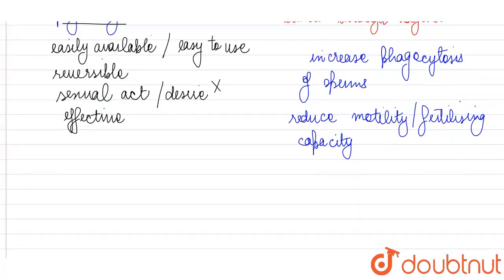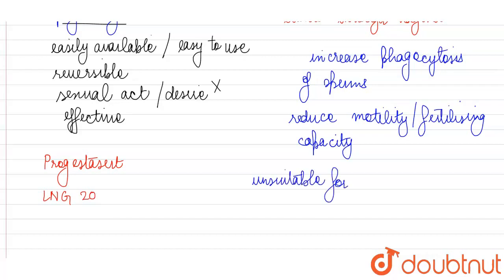And finally we have the hormone releasing IUDs, the common example of which is progestasert and LNG20. These release hormones which manipulate the female reproductive tract in such a way that implantation is not going to occur.